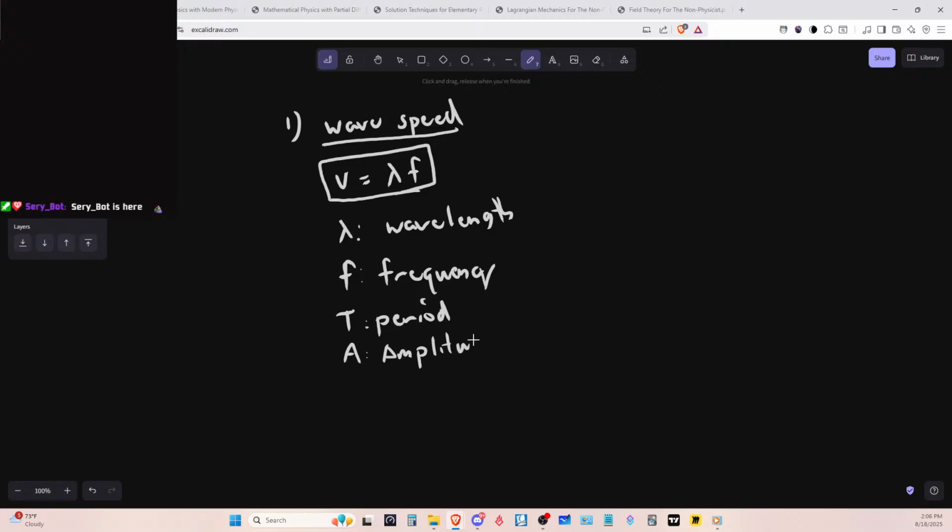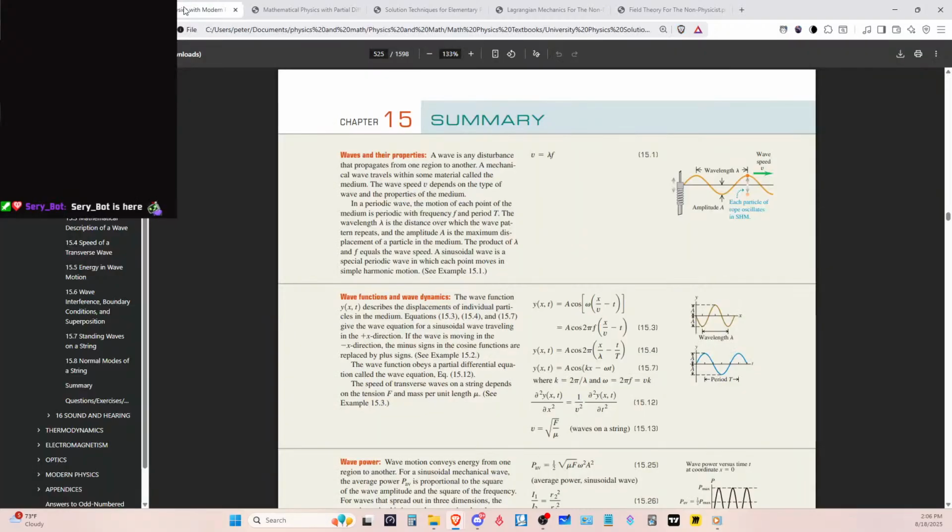Amplitude, there we go. I was like, I don't think that's how the spelling is. The amplitude is the maximum displacement of the particle of the medium. The product of the wavelength and the frequency equals the wave speed. A sinusoidal wave is a special periodic wave in which each point moves in simple harmonic motion.